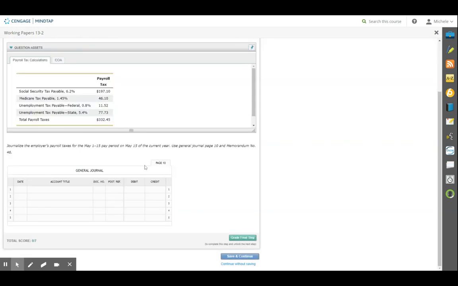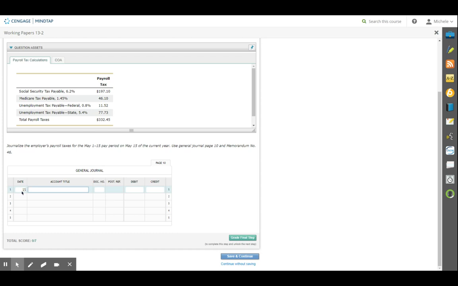Okay, so on step 3, all we're going to have to do is take the numbers that we calculated on step 2, and we're just going to journalize them down here in the journal. Okay, so we're going to go ahead and put in our date, which will be the 15th of the month. And then we're just going to start with our titles. We always start with the debit one first.